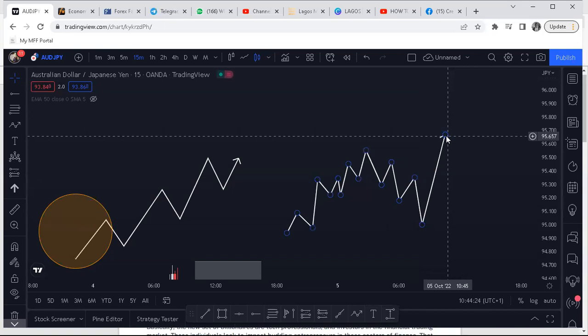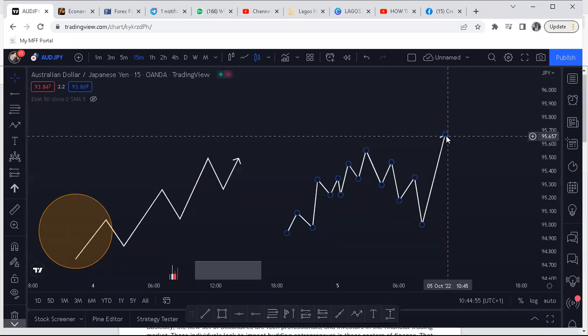What validates an uptrend is the highs. What validates a downtrend is the lows. So anytime you come into the market, if you're seeing an uptrend, what you're looking out for are the highs.